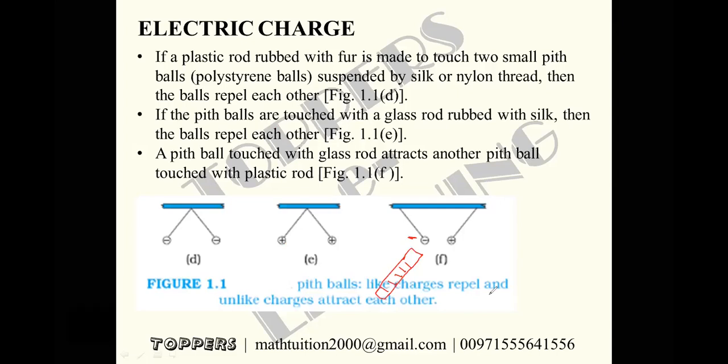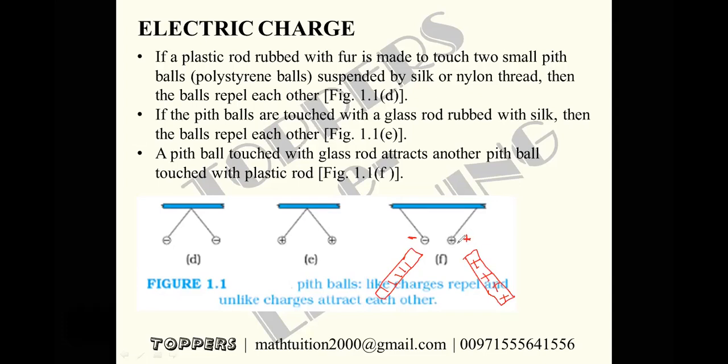Another, a glass rod rubbed with silk: we are bringing the glass rod rubbed with silk and touching this one. Then this will become positive.